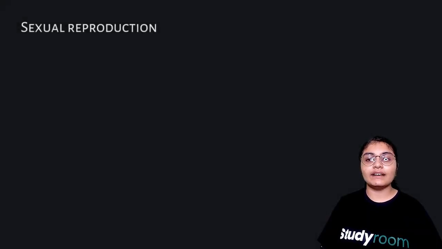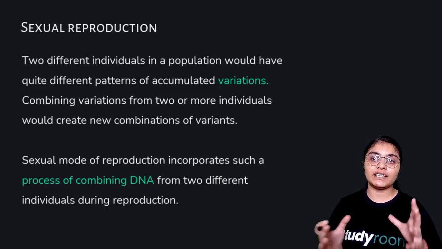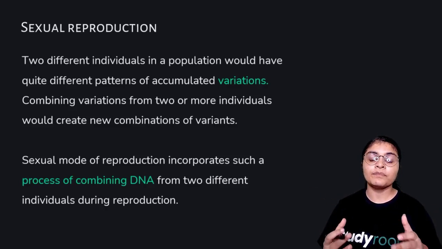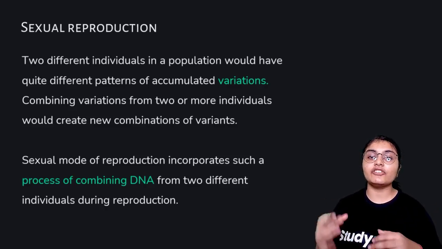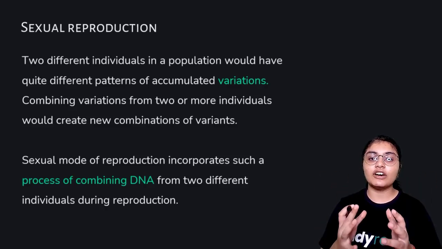Now we'll understand how the sexual mode of reproduction actually occurs. Two different individuals in a population would have quite different patterns of accumulated variations. These variations keep on getting accumulated generation by generation. Combining these variations from two different individuals would create a new combination of variants.